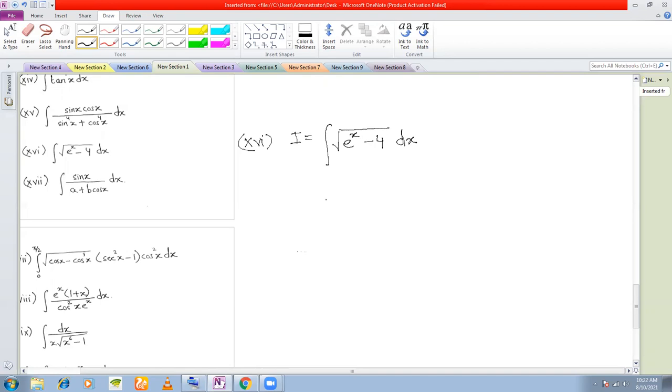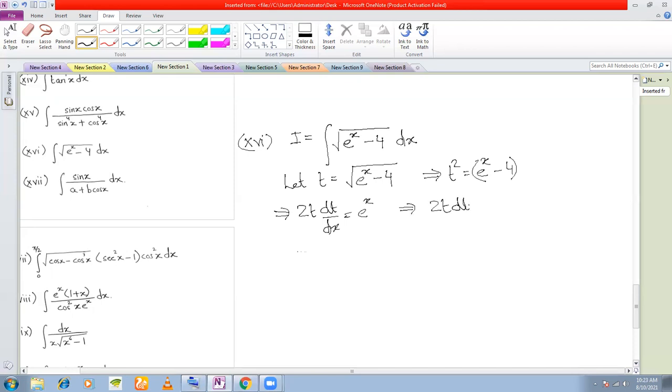Now see, if we put t is equal to e to the power of x, we'll still get e to the power of x dx. But there is a radical here. So what you do is you put t is equal to square root of e to the power of x minus 4. That means you get t square is equal to e to the power of x minus 4. Now you differentiate. That means 2t dt by dx is equal to e to the power of x. That means you get 2t dt is equal to e to the power of x dx.